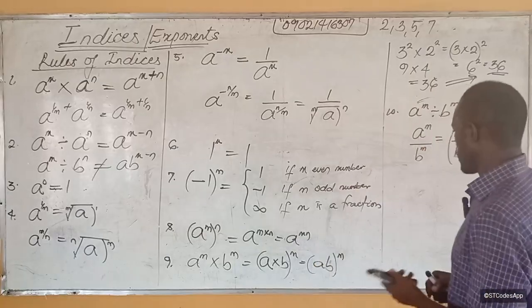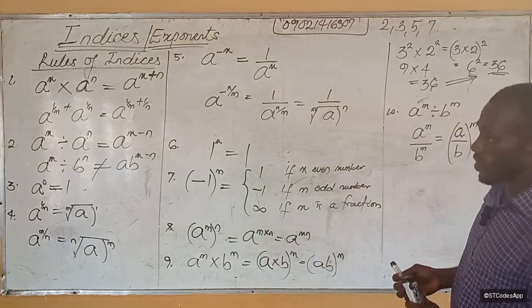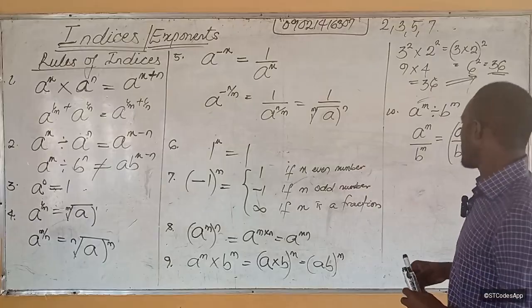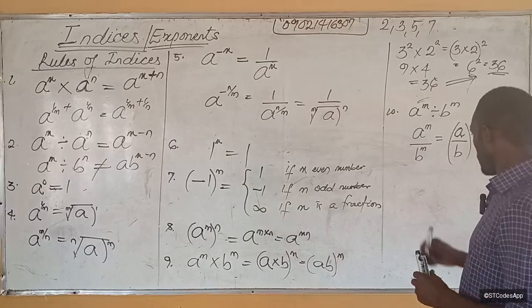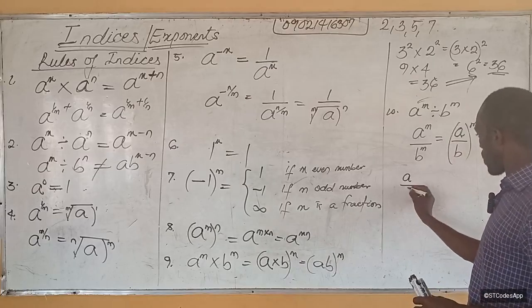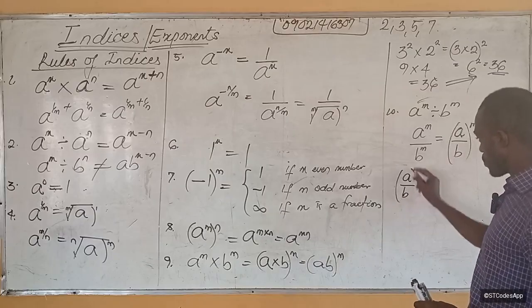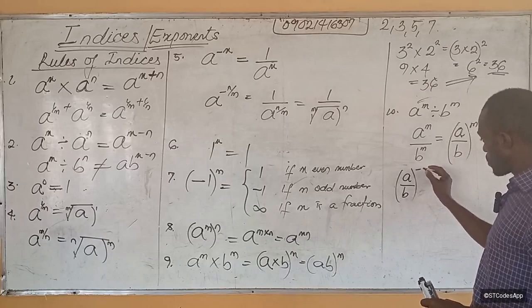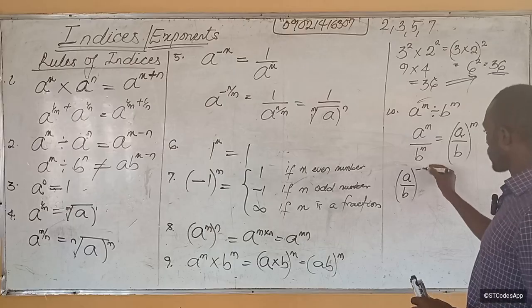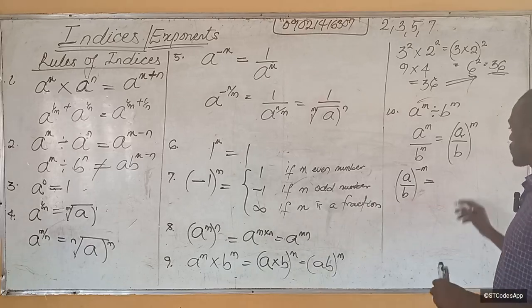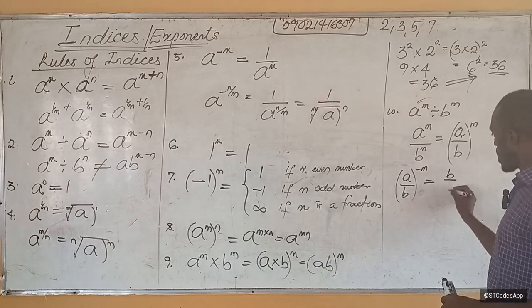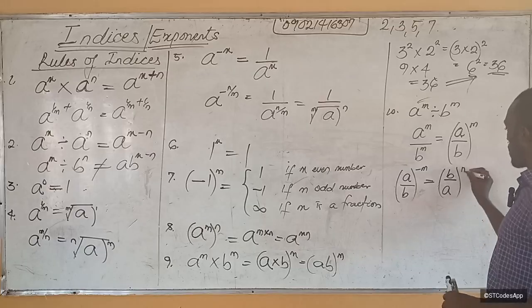Let me give you another rule. The inverse power rule. I've done that before, right? This one, I just wanted to show you that if I have a over b raised to power minus m, for example, it is the same as b over a raised to power m.